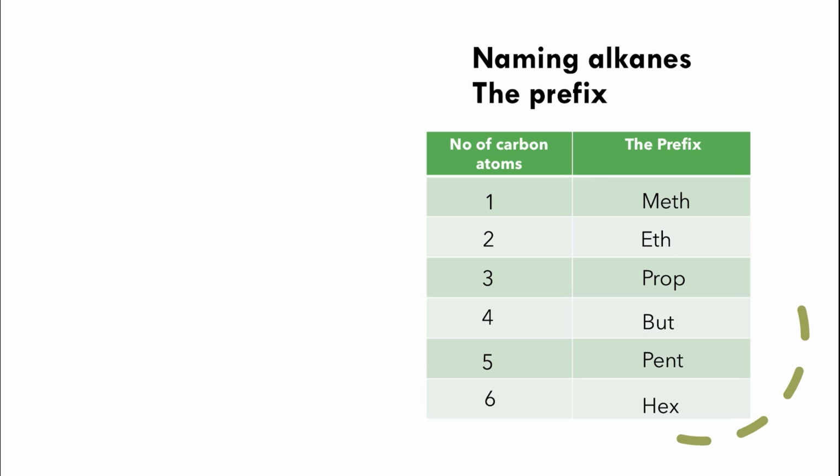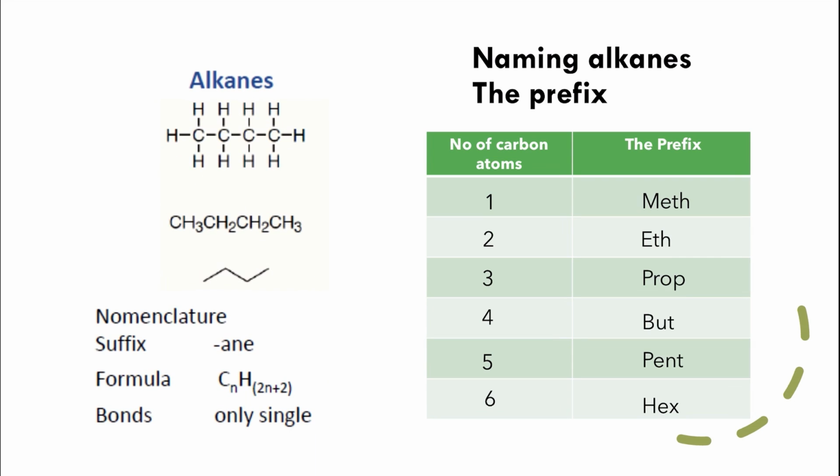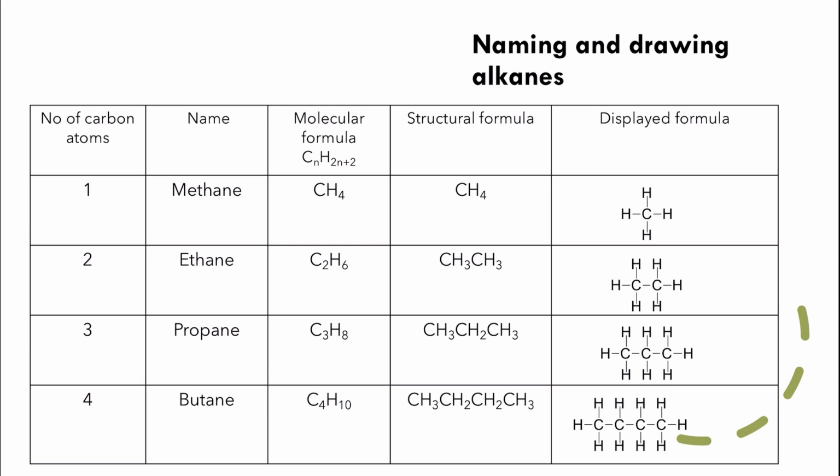To name alkanes, we use the prefix, which refers to the number of carbon atoms, and then the suffix is "ane". These are the first four members of the alkane homologous series: methane, ethane, propane, and butane. With the molecular formula CnH2n+2, you can simply find the molecular formula for each of these members.